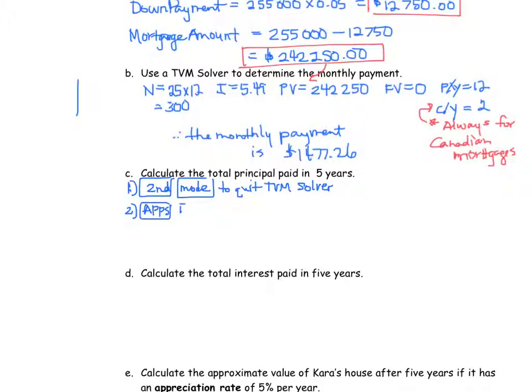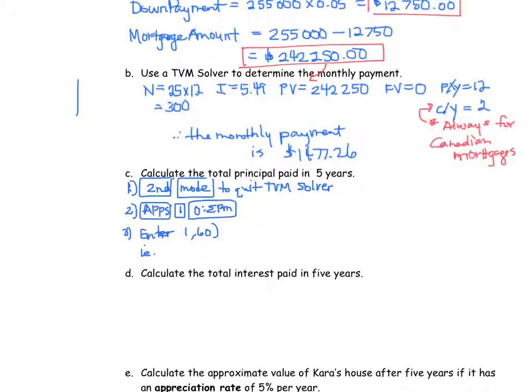1, and I believe it's option 0. It should say Principal beside it, PRN. And then that comes up on your screen and you have to enter 1,60 and close the bracket.